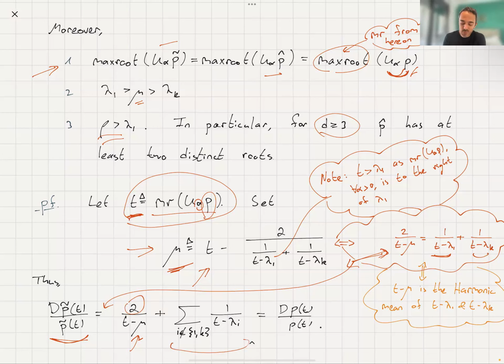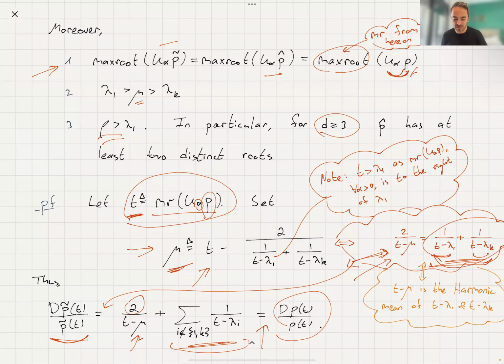Now, the reason we defined mu like that, or 2 over T minus mu like that, is precisely so that this equality will hold. Namely, 2 over T minus mu is precisely the two summands that do not appear here when you look at dP over P evaluated at T, because this is precisely that plus these two things.